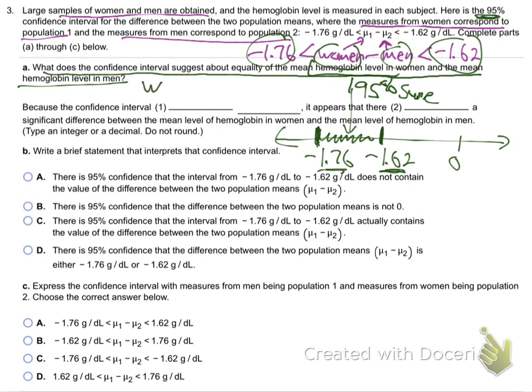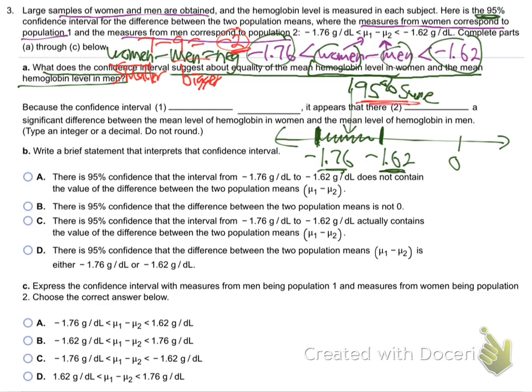So if you're taking women minus men and you're getting a negative answer, that means the women number must be smaller, like 7 minus 9 is negative 2. The only way to subtract two things and get a negative answer is if the first one is smaller and the second one is bigger, right? The women number must be smaller, the men number must be bigger, because when you subtract them, you're getting negative.